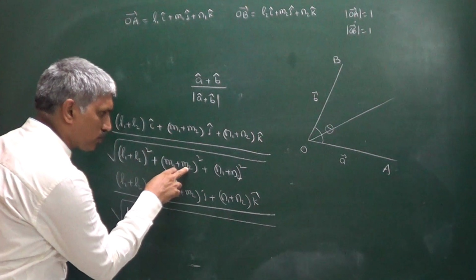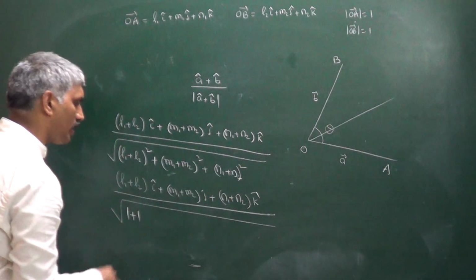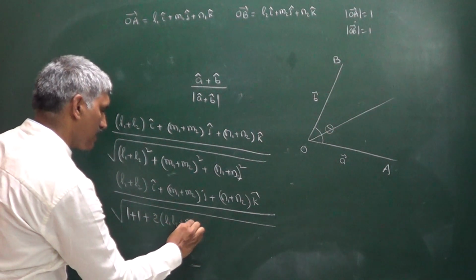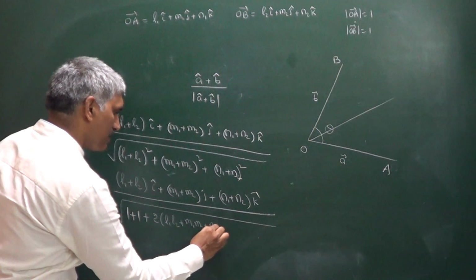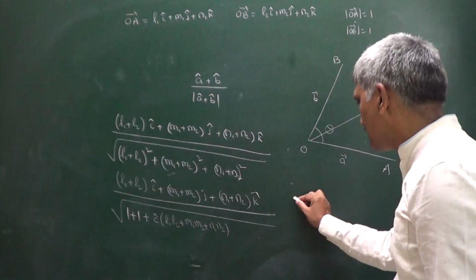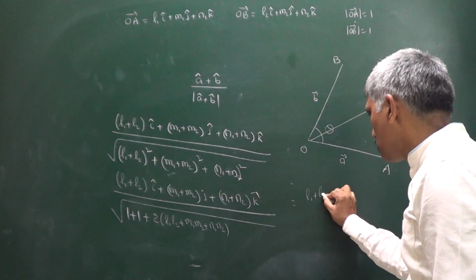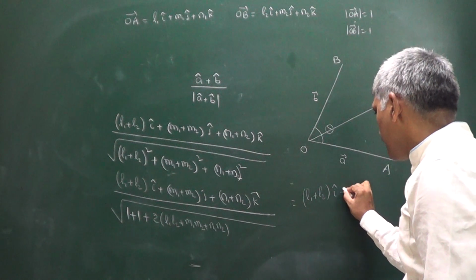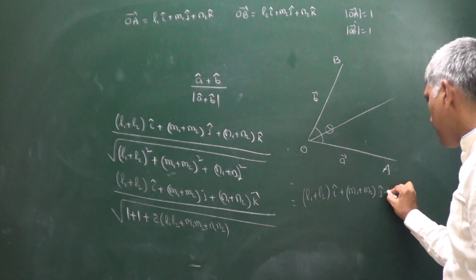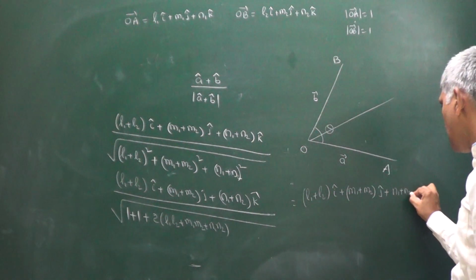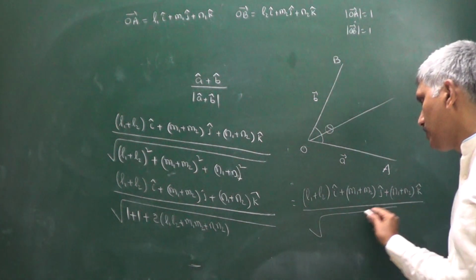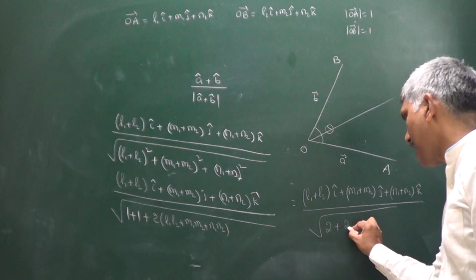L2 square plus M2 square plus N2 square, again you will get 1, plus 2 times (L1 L2 plus M1 M2 plus N1 N2). That can be written as (L1 plus L2) i cap plus (M1 plus M2) j cap plus (N1 plus N2) k cap by square root of 2 plus 2 cos theta.